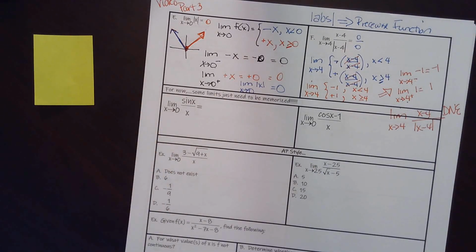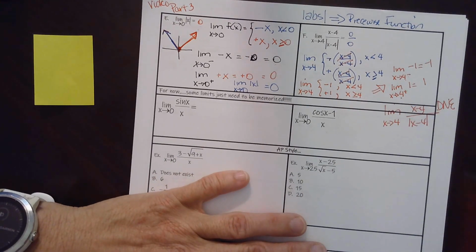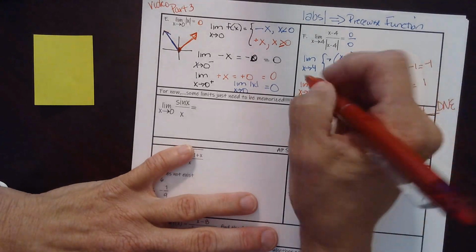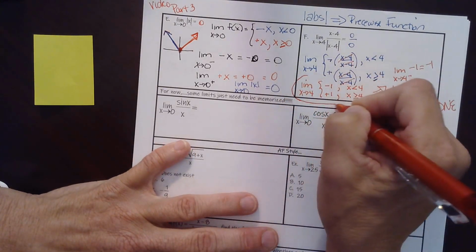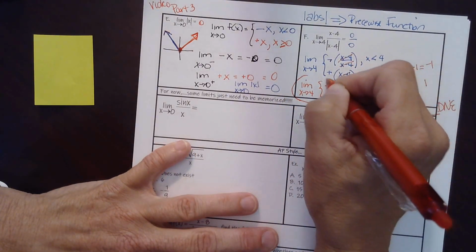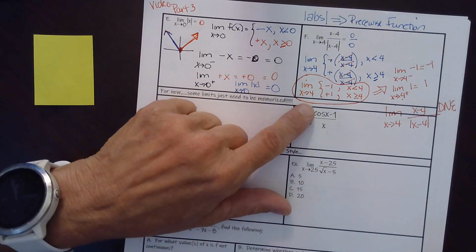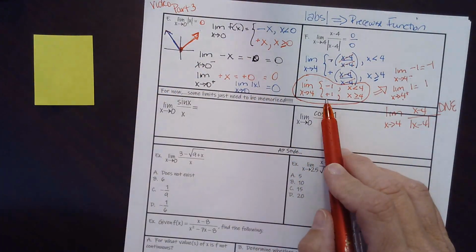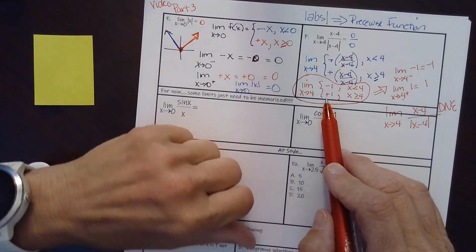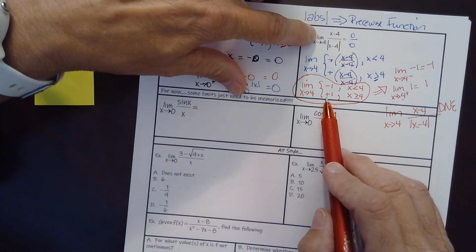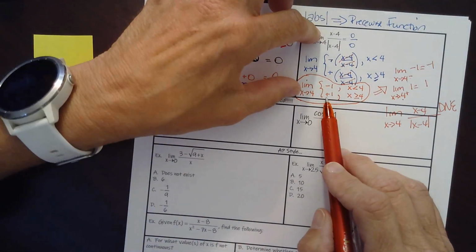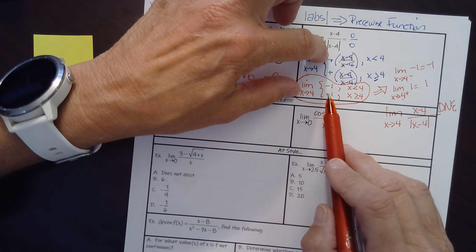So, out of curiosity, I'm curious if we could figure out what this graph looks like based on this information right here. If we look at this from a piecewise function, this expression and this expression, these two things are equivalent.